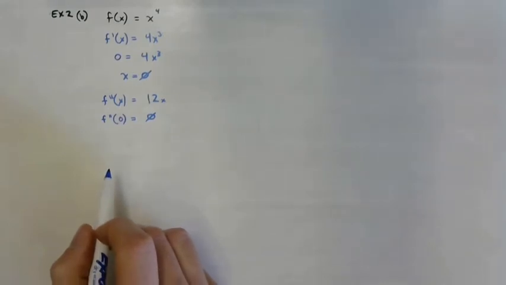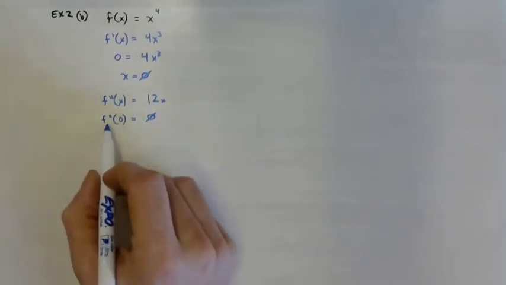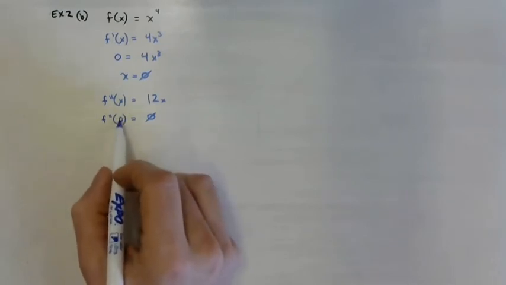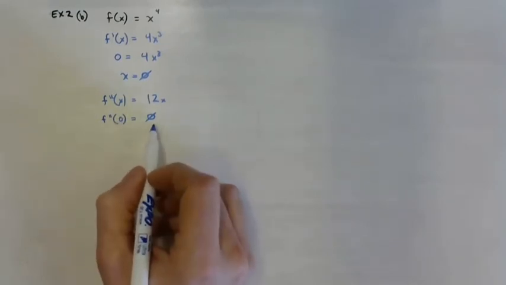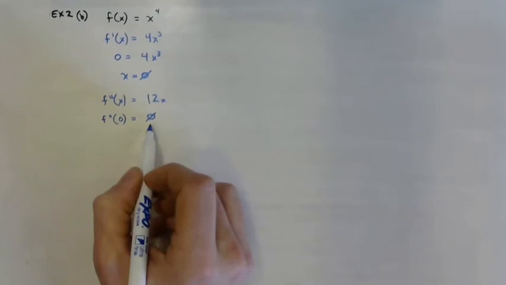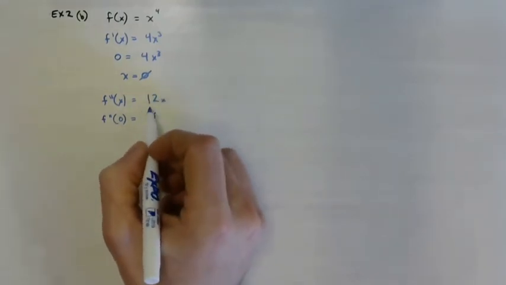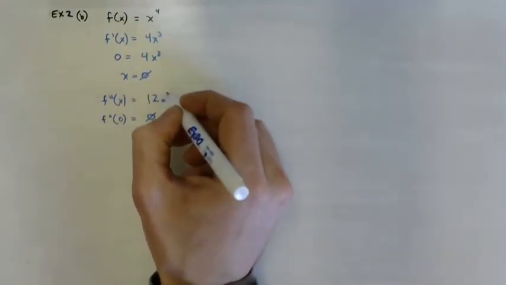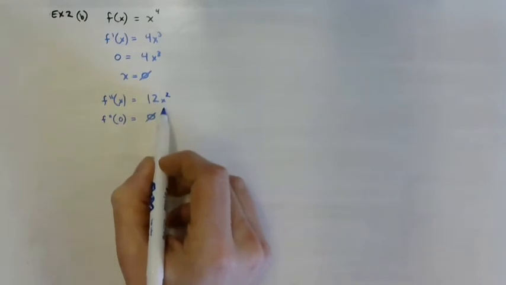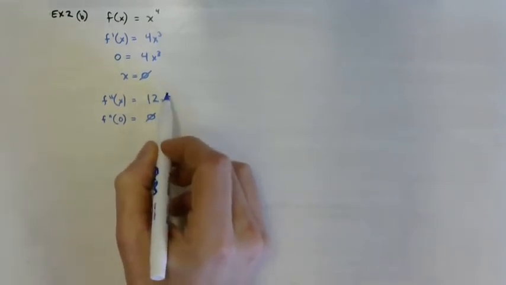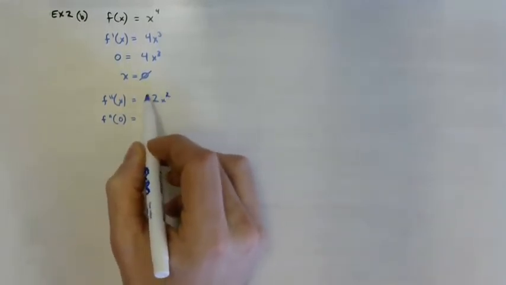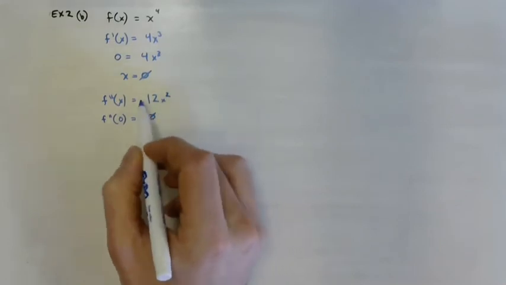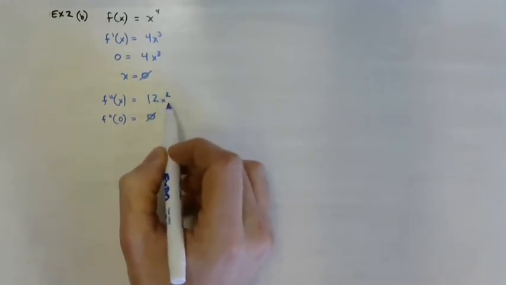So because the value of the second derivative function at our critical point is 0, it looks like this should be a point of inflection. But because our second derivative, which I did wrong, you guys got to start catching my mistakes, is 12x squared, our second derivative function will always be positive, there will not be a change of direction.